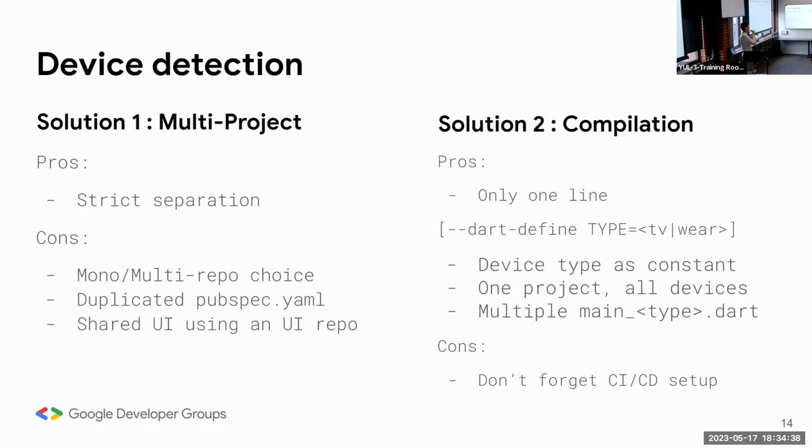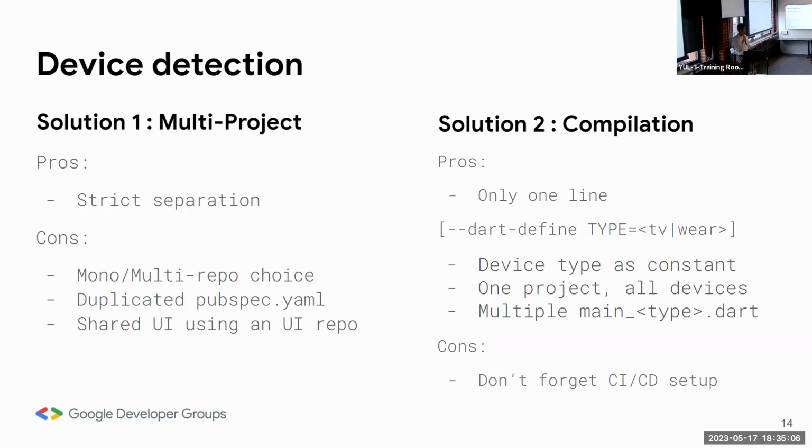The good thing is you only have one project for all the devices, or maybe you can do it with multiple main files, like main_tv, main_wear.dart. And the same thing during the compilation, you just select the file with -f. The problem is, it's not really a problem, I'm just trying to find something.